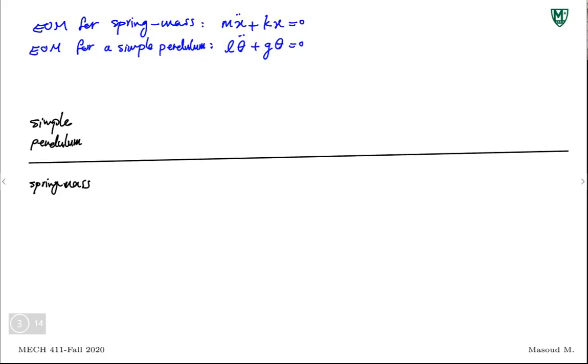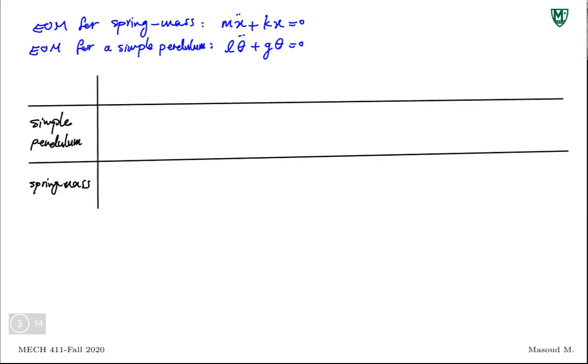I don't know how big of a table I need. I'm gonna do this and do this. So start from the beginning. Equation of motion, all right? I have this table somewhere, so I wanna make sure that I cover everything. So equation of motion.